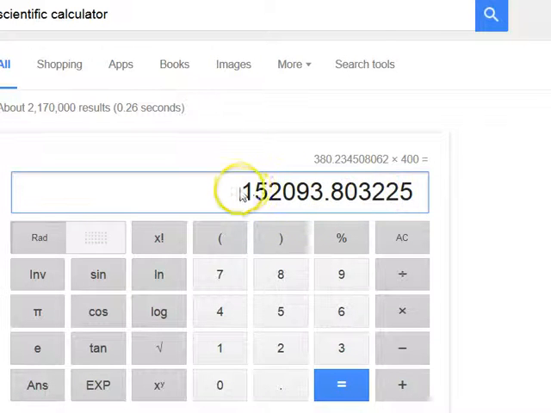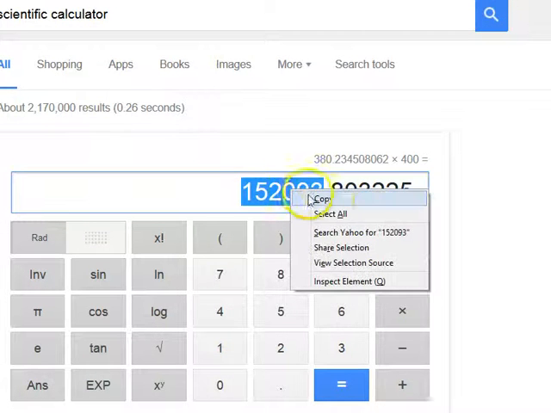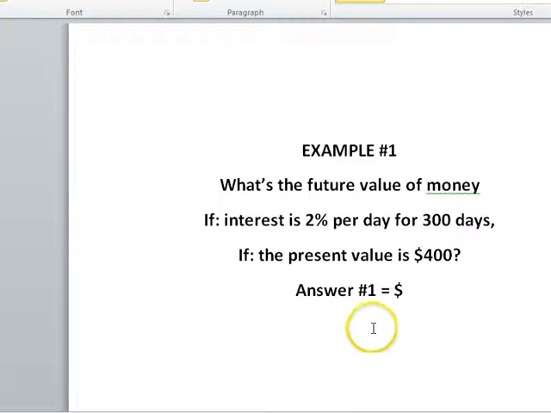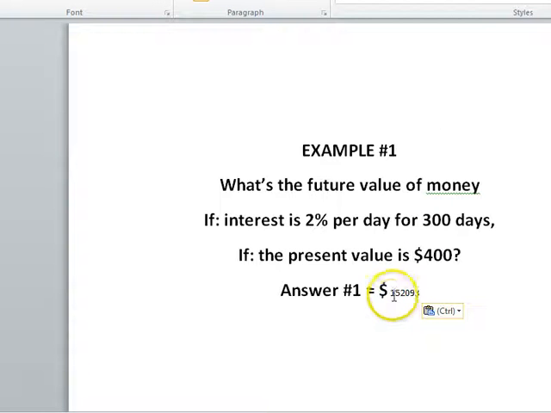We're just going to copy the whole number here and paste it to our answer right here: 152,093.